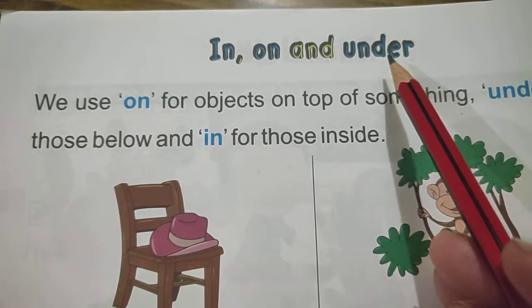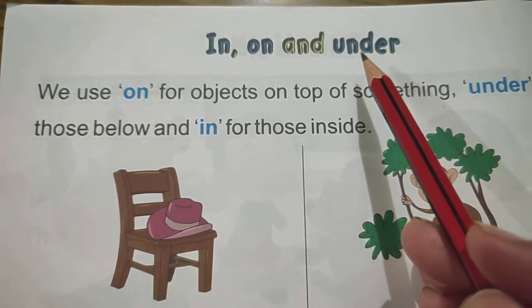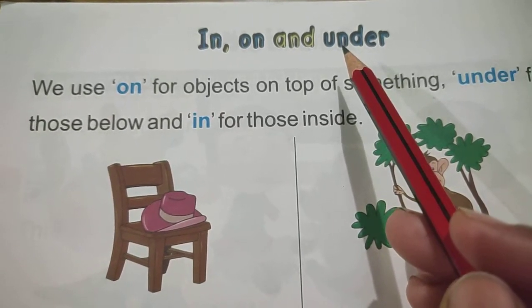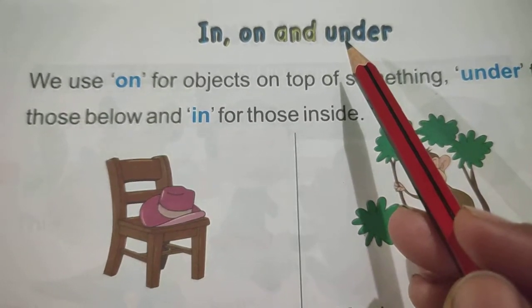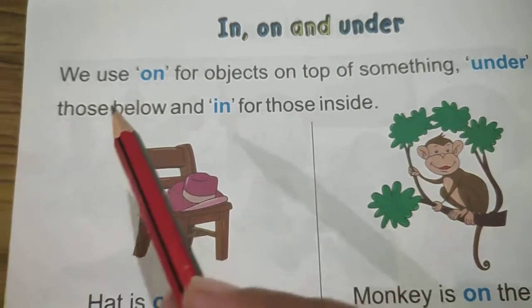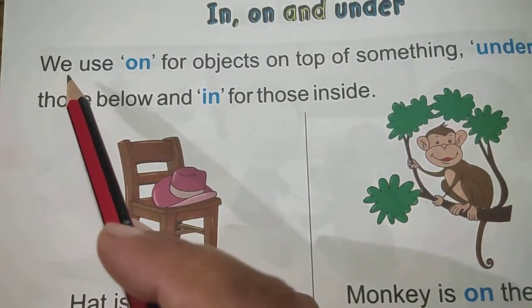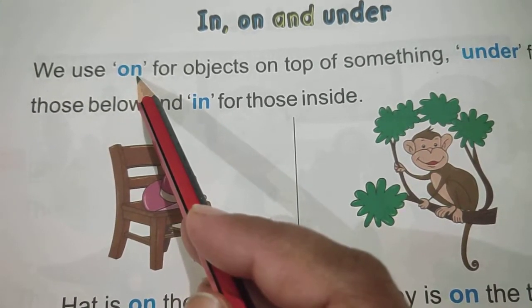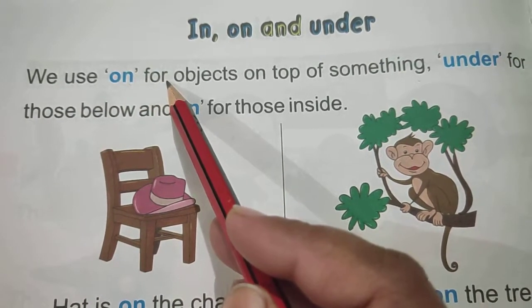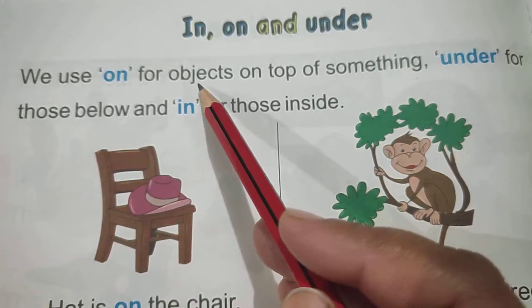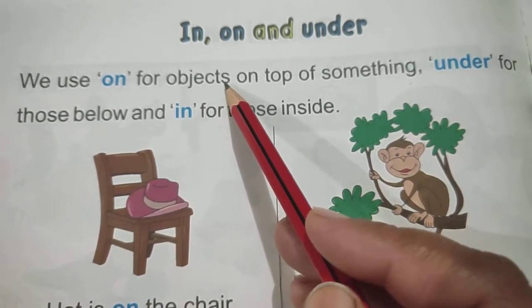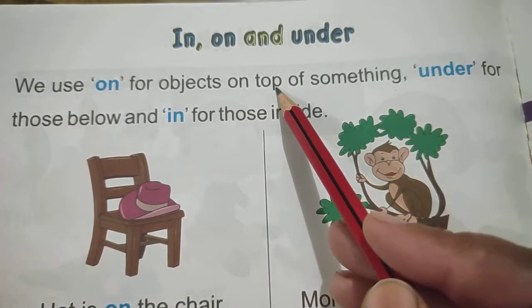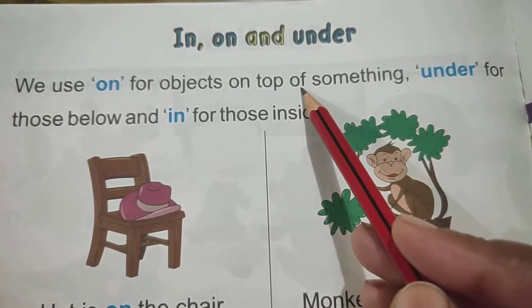These are position words. These words tell where the object is. These words tell the position of any object.